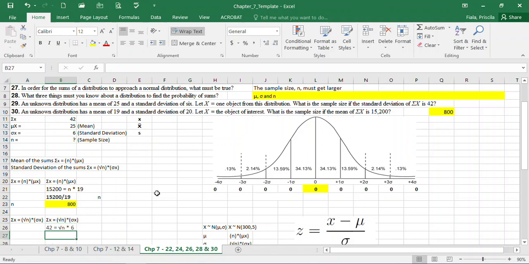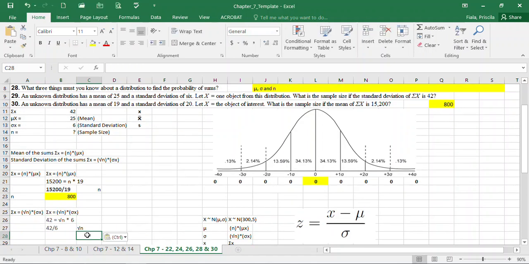Okay, so now let's solve for n. If you divide both sides by 6, we have 42 divided by 6 equals the square root of n. So 42 divided by 6 is 7, and that equals the square root of n.